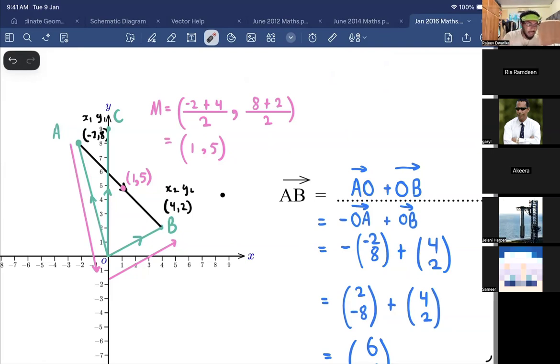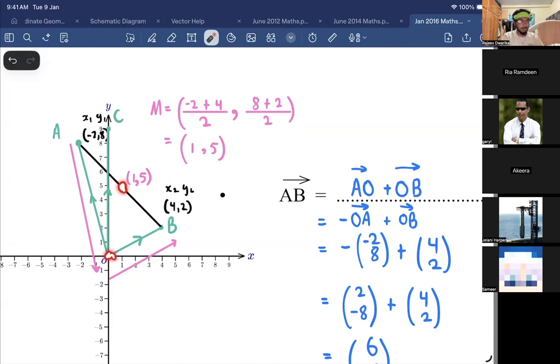Just think about it. If I have a point 1, 5, how do I reach there? Talk to me. I would have had to start where first? I would start here first, and I would do what, Akira? You're overthinking it. 1, 5. What's the x value? 1.